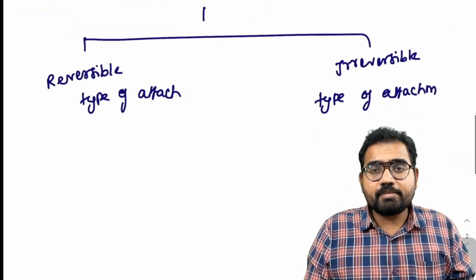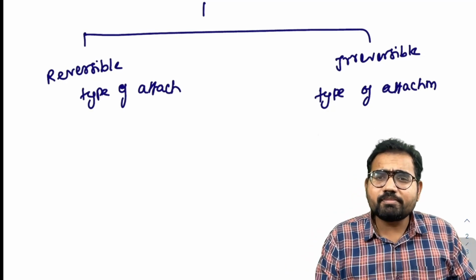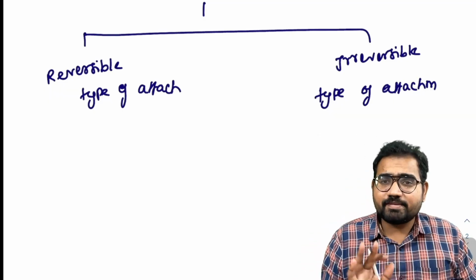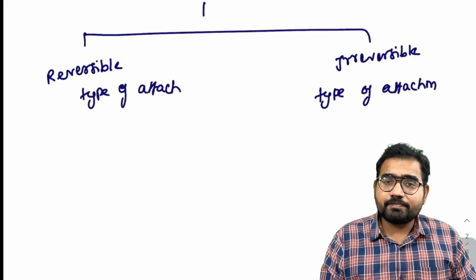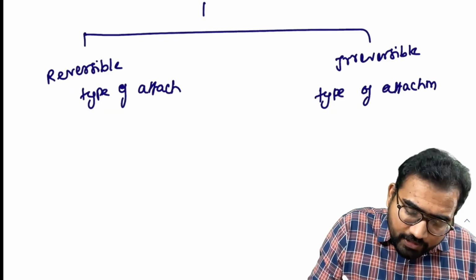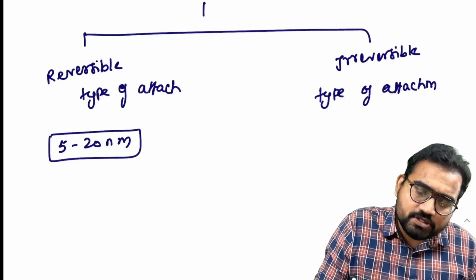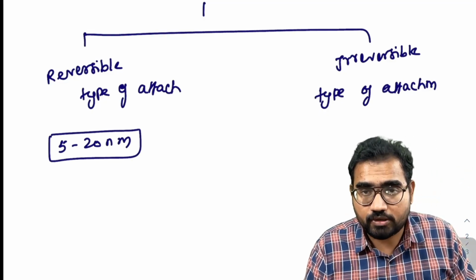What do you mean by reversible and irreversible, sir? Very simple. If the bacteria is attached to the pellicle at a distance of around 5 to 20 nanometers, that is reversible, which means you can disrupt the plaque.